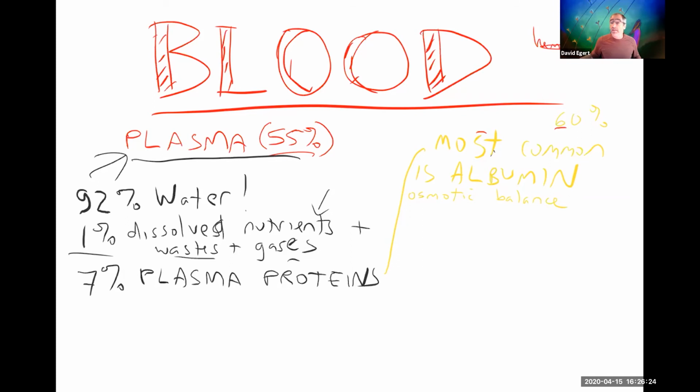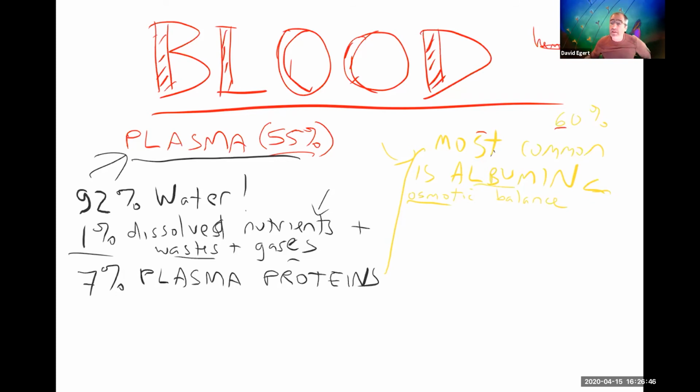If you just eat grain, you're not going to get all the amino acids you need to make this protein. And if you don't make this protein, then your blood is not able to keep all the fluid where it belongs, and it just enters into the tissues, and you end up looking all bloated. So, osmotic balance.